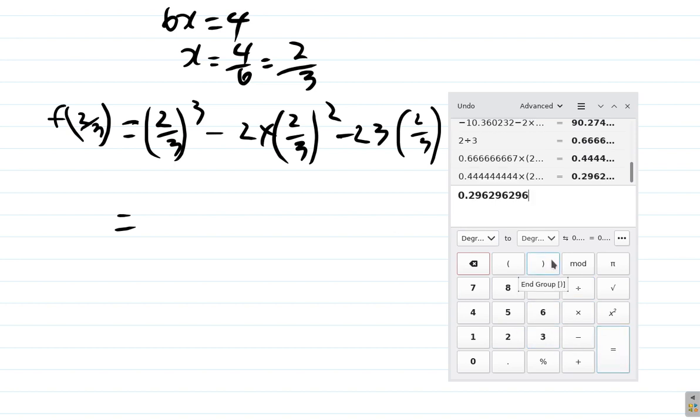That's 2/3 cubed. Alright, minus 2 times, open bracket, 2 over 3, close bracket, squared.